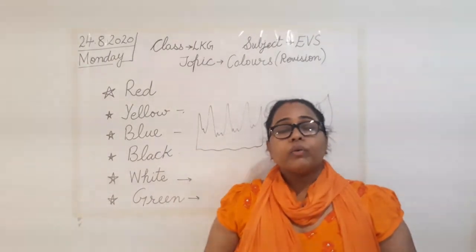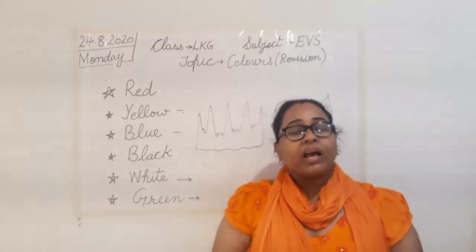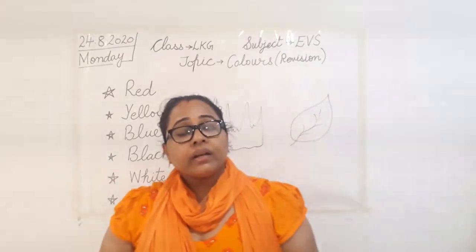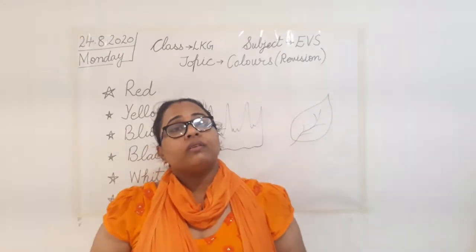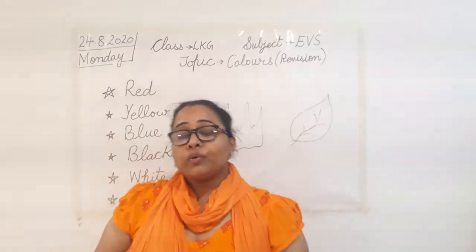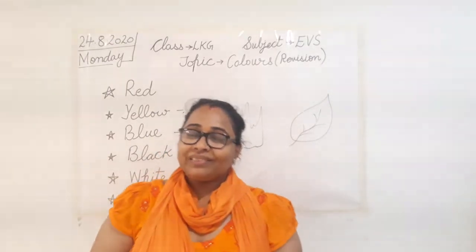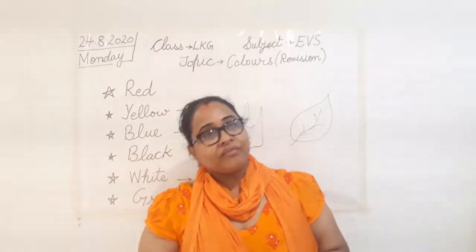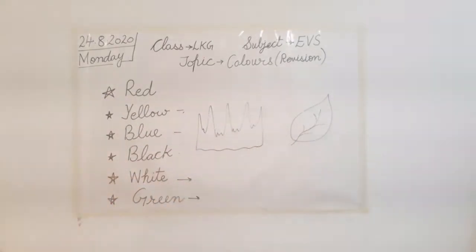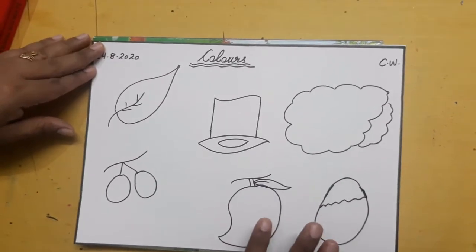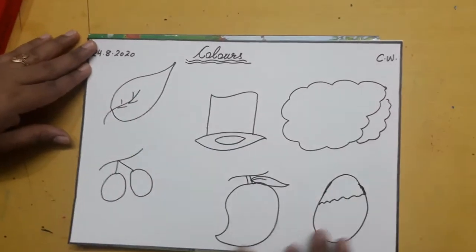Clear? So now how are you going to do this work in your art file? I'll just show you. Complete it and practice these pictures as I may ask you to draw them also. Clear all? Let's see how to do the work in the file now. So class, now I have taught you how to draw all these pictures.